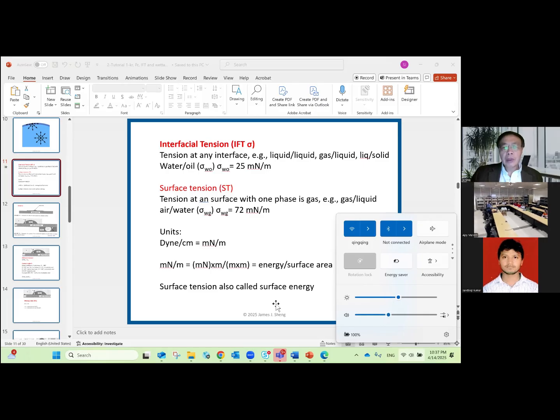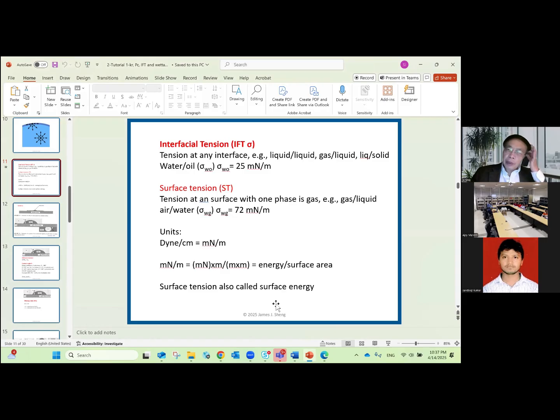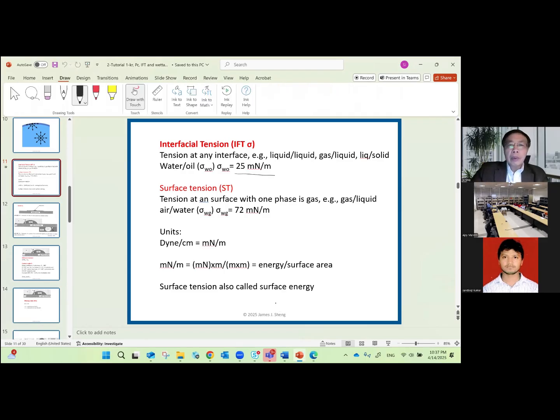As I mentioned yesterday, interfacial tension has the unit of force per length, per meter, for example in SI units. So it's called tension. For force, you simply multiply by the length of the interface.